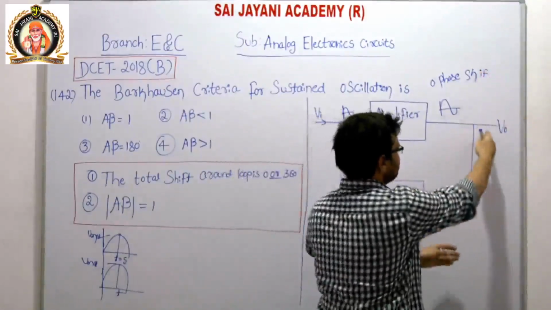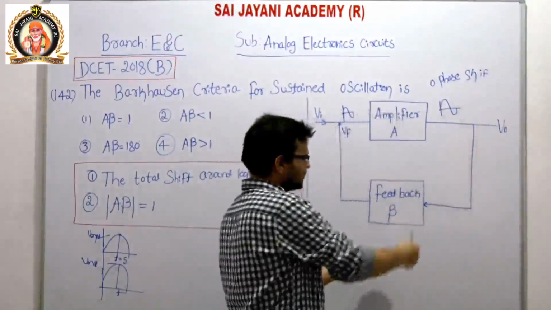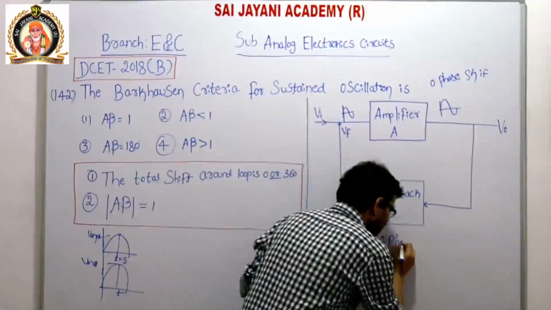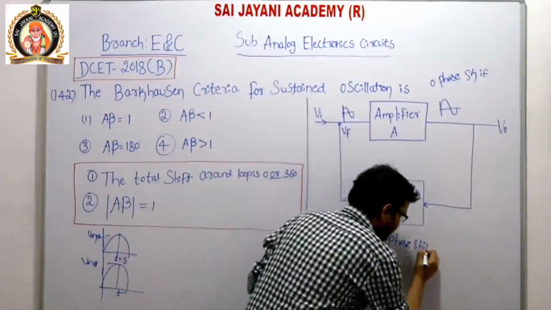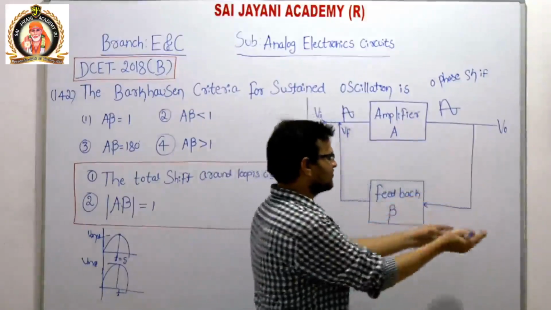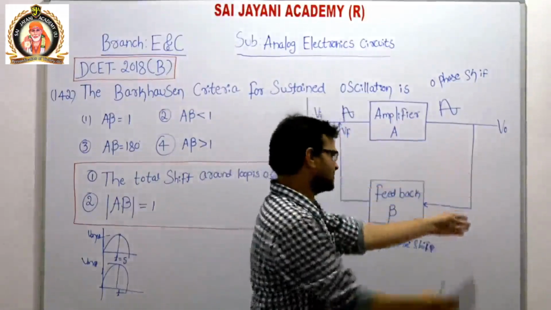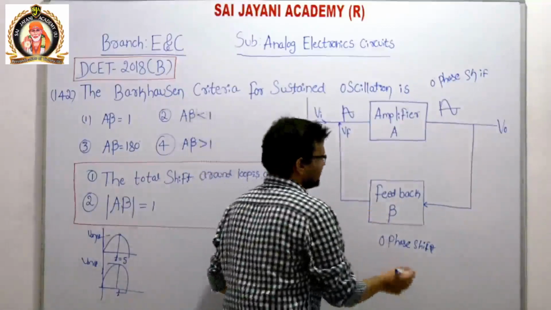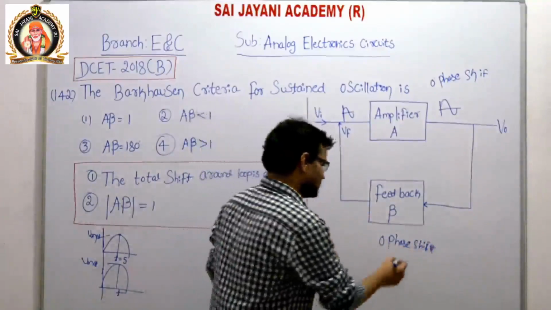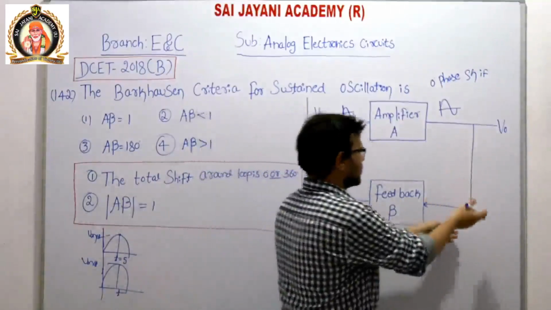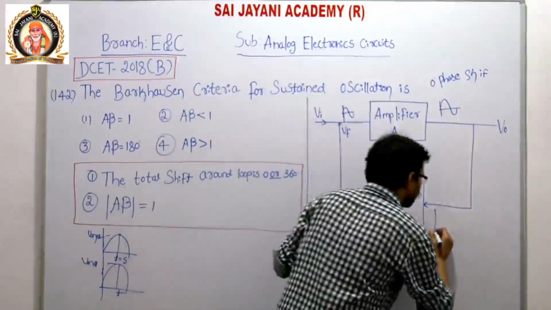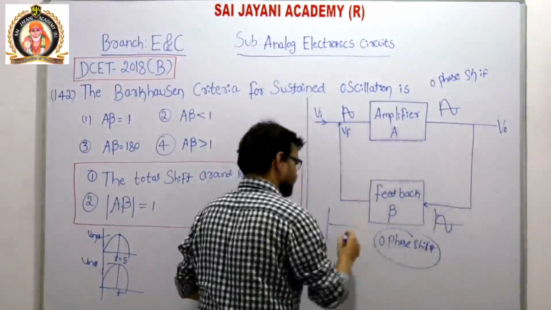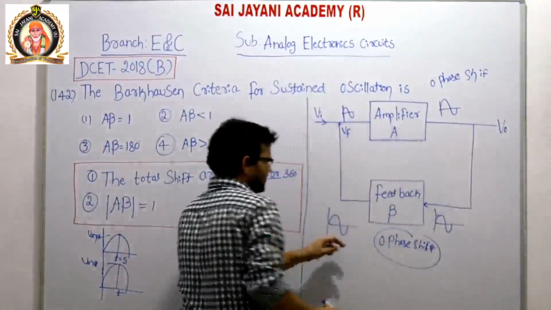And part of the output signal is again fed back to the feedback circuit. Here also a 0 degree phase shift exists between the output signal and the output of the feedback circuit. Suppose we have a signal like this, then the output of the feedback circuit also gives this type of signal.